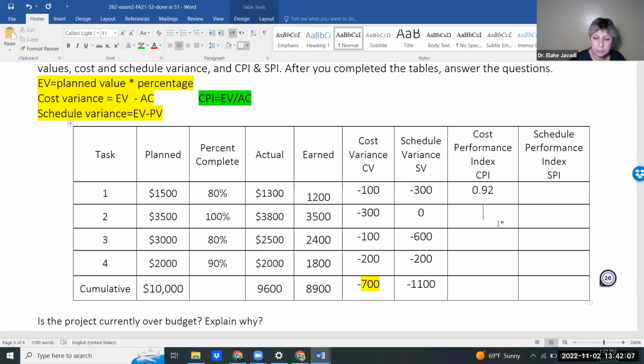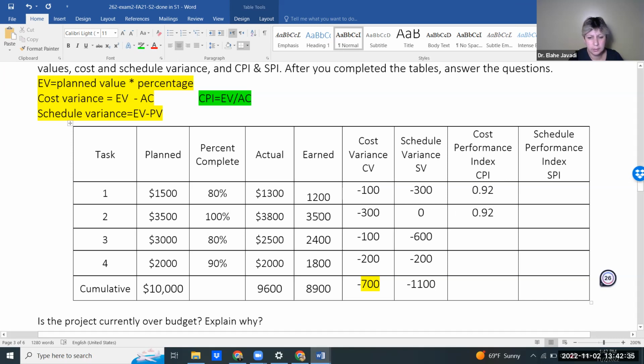And Sharon, next one, please. Earned divided by AC. So for the first task, every dollar you spend, you get 92 cents worth of work completed. Sharon, how about this one? I got 0.92 again. Really? Yeah.